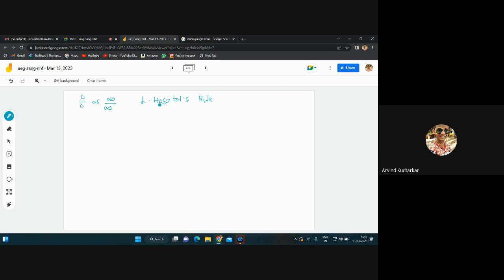And which is that L'Hospital rule? The rule said that when the limit of a function is in the form like 0 by 0 or infinity by infinity, then take the derivative of numerator as well as denominator separately. We will see here such a kind of simple example.